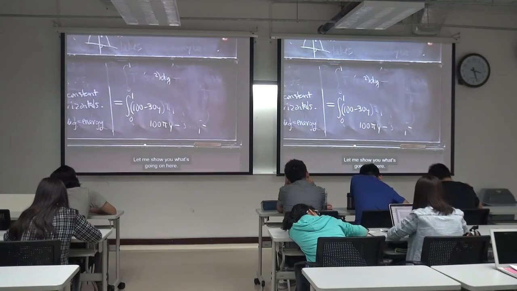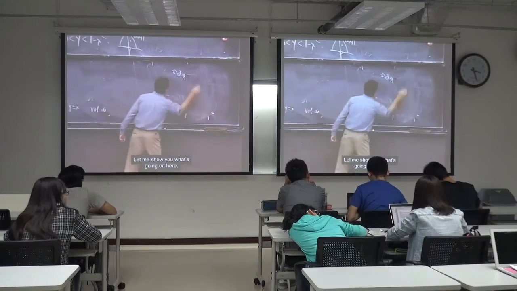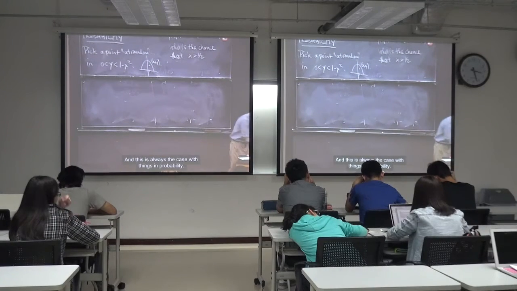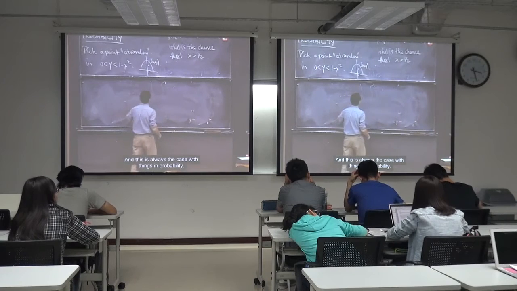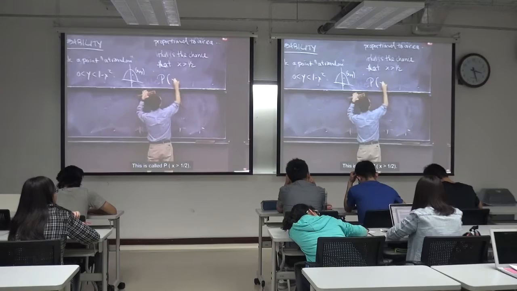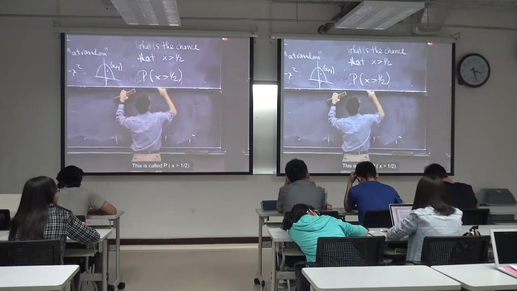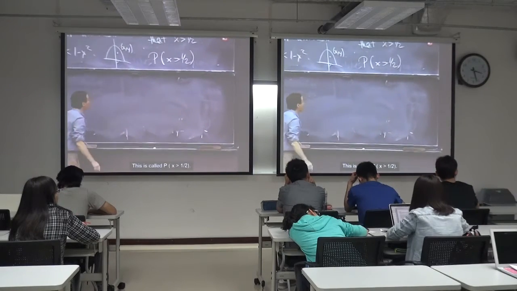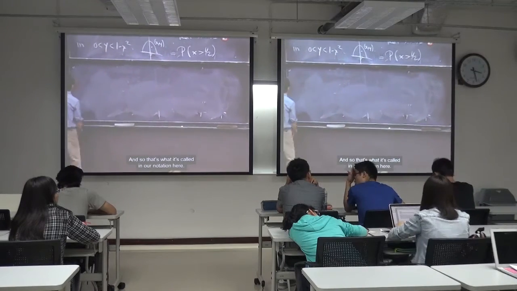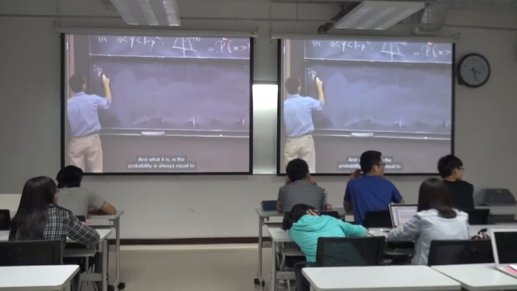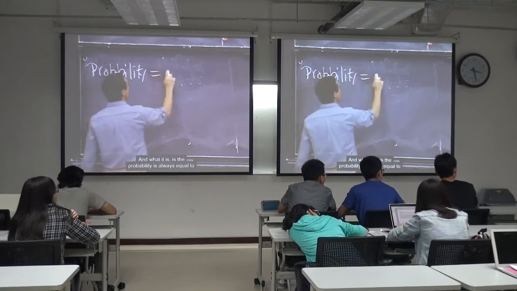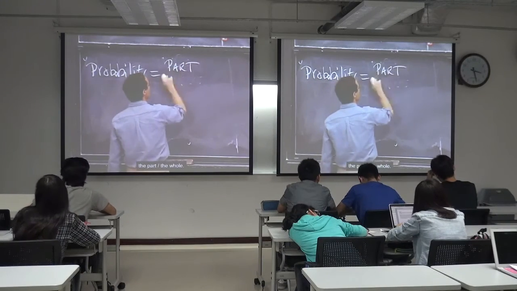Now let me show you what's going on here, and this is always the case with things in probability. So first of all, we have a name for this. This is called the probability that x is bigger than half. And the probability is always equal to the part divided by the whole.